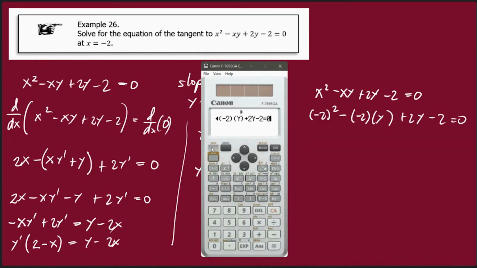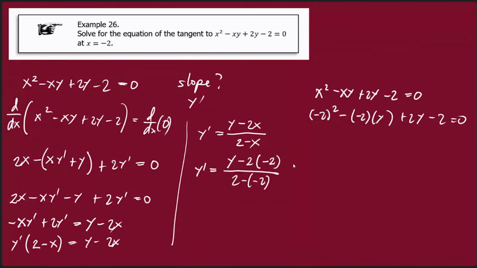Take note that we are trying to solve for the value of y, so you have to tell the calculator by putting a comma, then y. Shift, solve for y, then press equal. You have there the value of your y: y is -1/2 or -0.5.